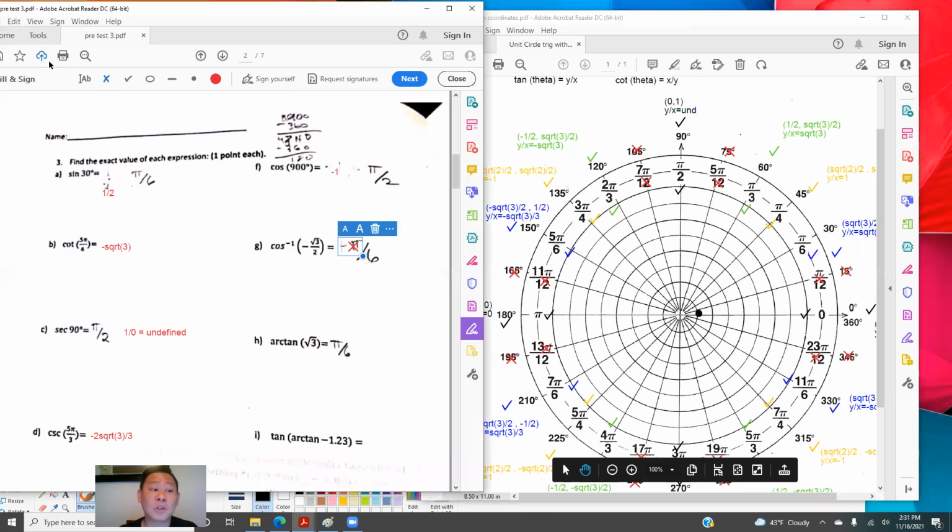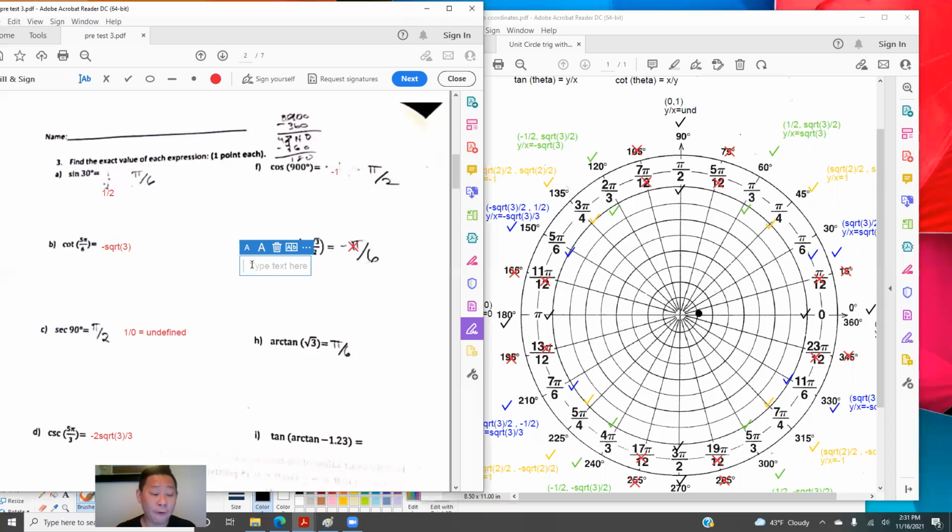Now, since you got two answers, 7 pi over 6 and 5 pi over 6, which one are we using in this case? Do not forget that every time you do the cosine, you take quadrant 1 or quadrant 2 only, where quadrant 1 is positive and quadrant 2 is negative.